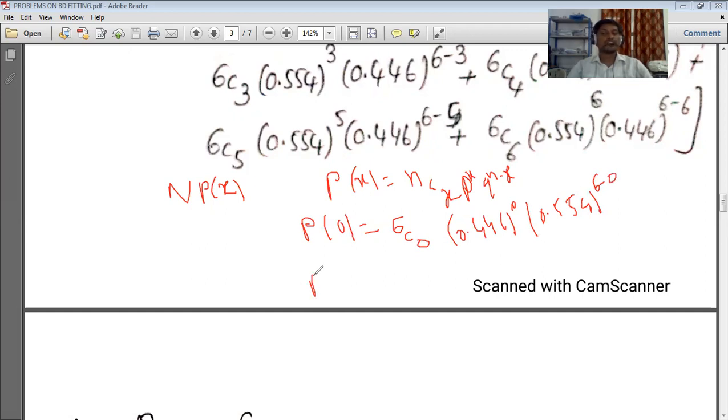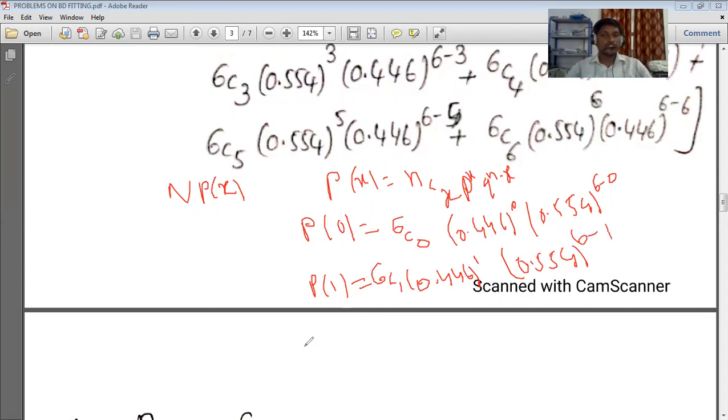In the same way, next P of 1. So P of 1 is equal to 6C1, 0.446 whole power 1 into 0.554 whole power 6 minus 1.